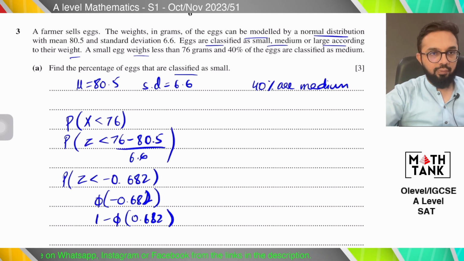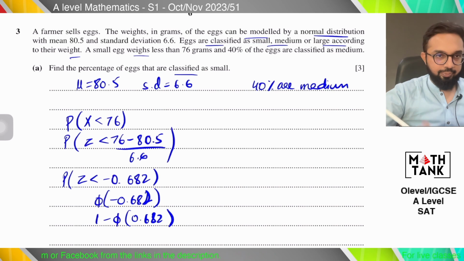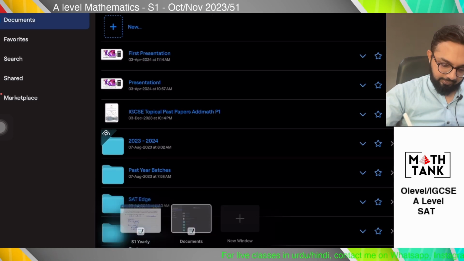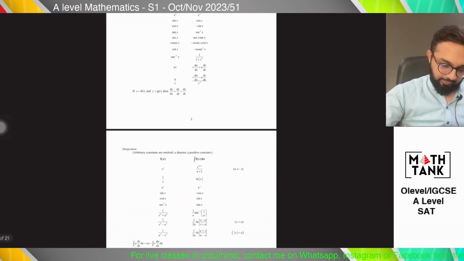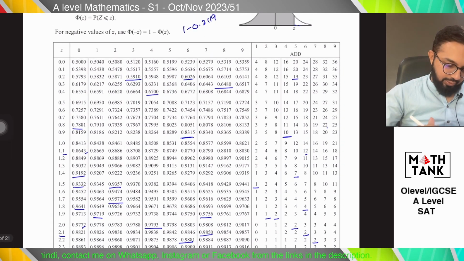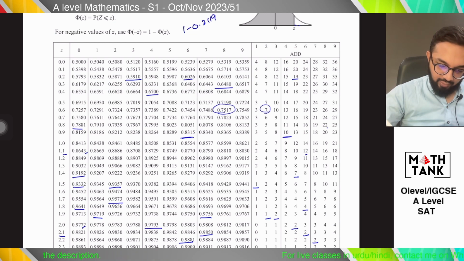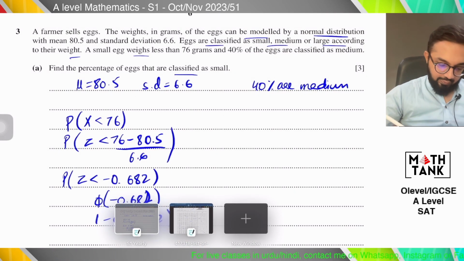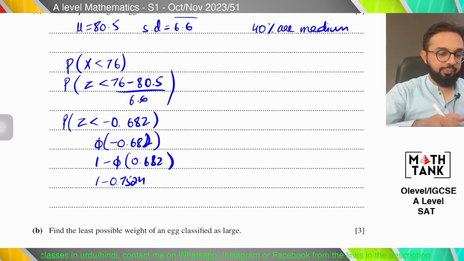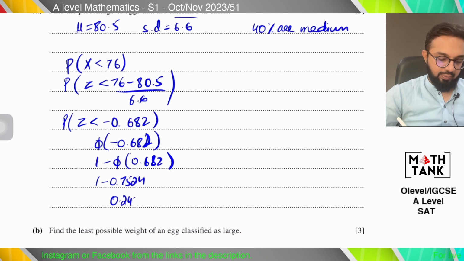Just checking if I have the correct number. 0.68 and 2, so 0.7524. Then 1 minus that is 0.2476.